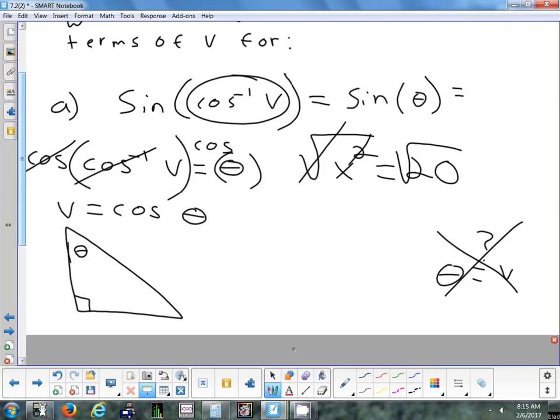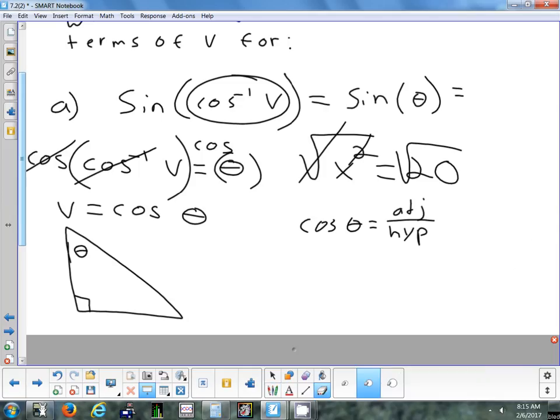So when we're talking about cosine, what does cosine mean? So cosine, you don't have to write this if you don't remember it, you probably should. Cosine is adjacent divided by hypotenuse. So I know what the cosine is supposed to come out to. Somehow it has to come out to v.